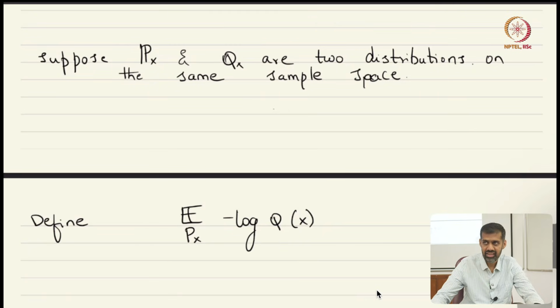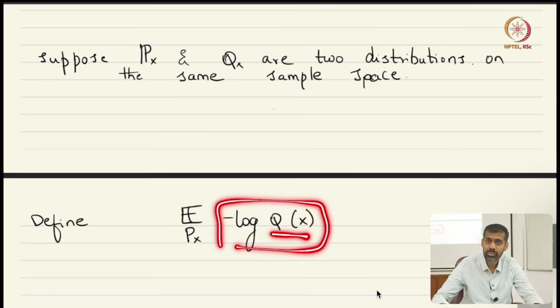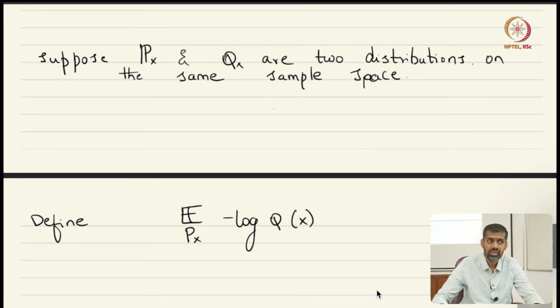Now if I do that, then what is the average surprisal that I get? If my true distribution is Px, while I consider that the samples are coming from Qx. Does it make sense? The other way to interpret this is: what is the average information that Qx contains about Px.